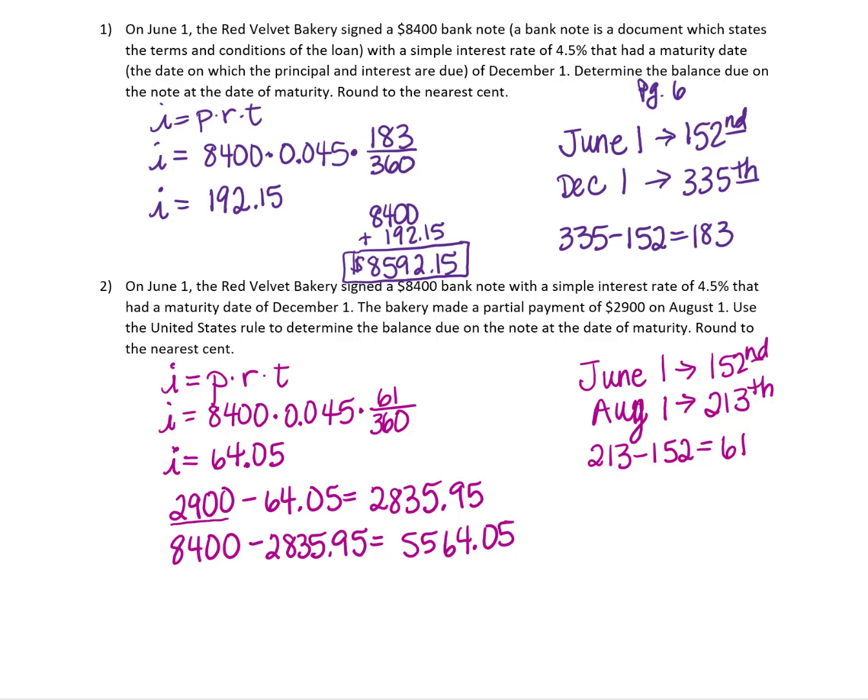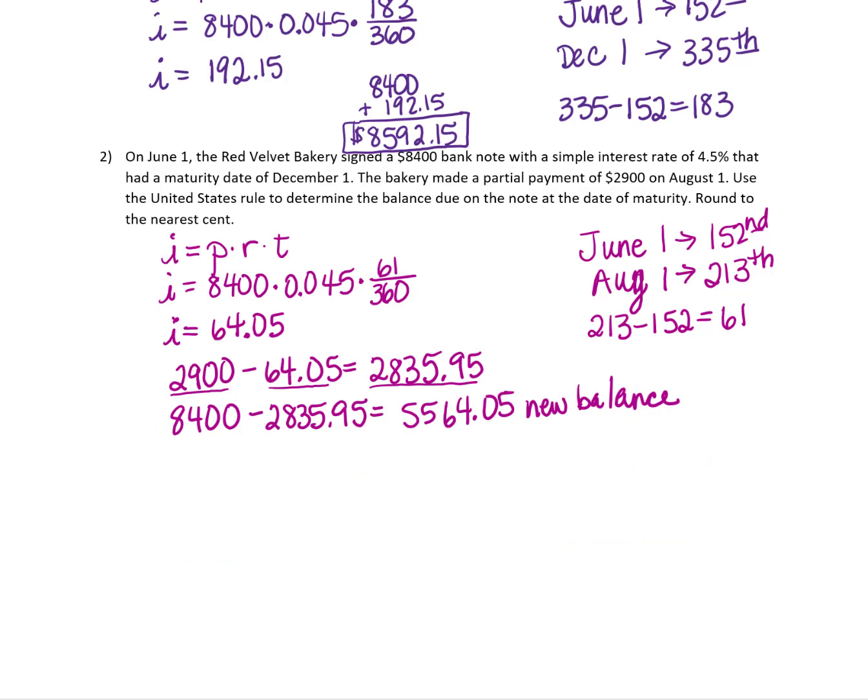We had to take off the interest that was paid, and this is what's left over, which we can apply towards the principal. So if we subtract that from the $8,400, then we have our new balance of $5,564.05.